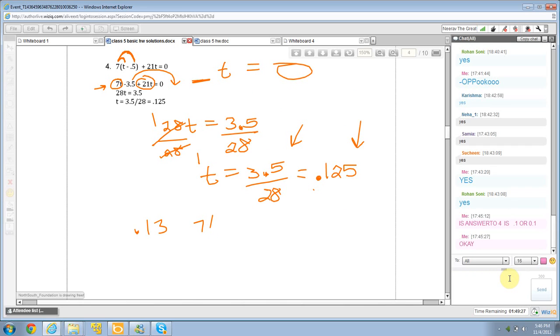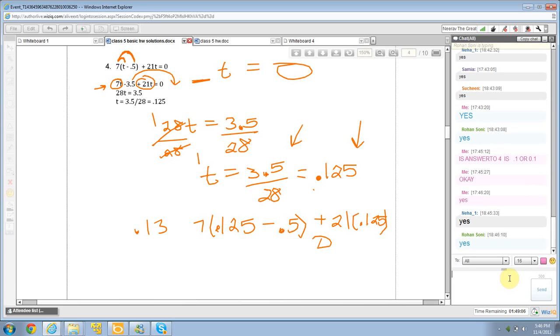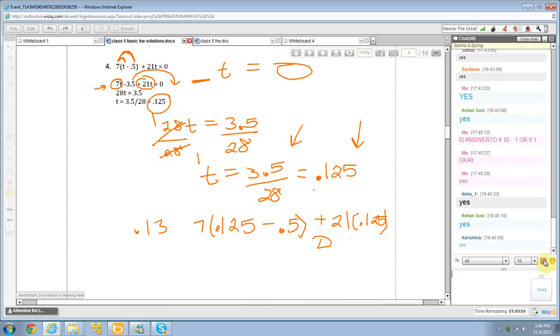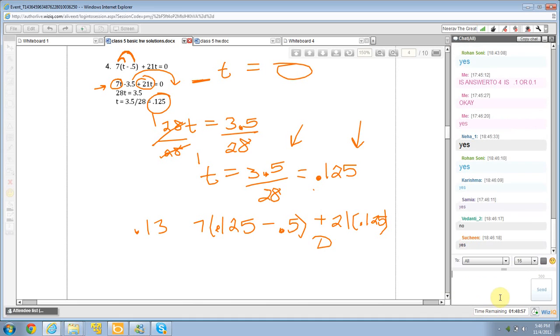So now when we actually plug this in, you'll get 7 times 0.125 minus 0.5 plus 21 times 1.25, and then when you solve it, you'll get 0. So does that make sense to everyone, how we got there? So the answer is 0.125. And then checking your result or your answer is the next part.